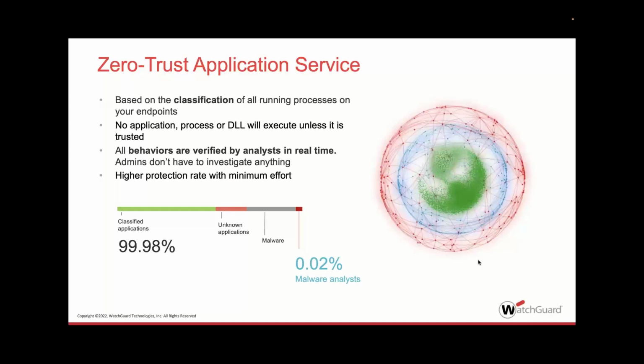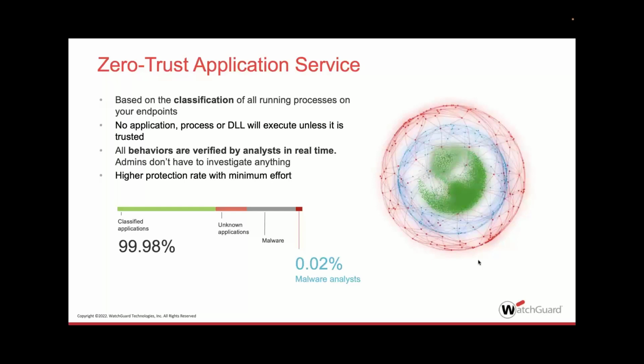We have the ability to suspend the execution of any yet unknown, unclassified items, and only allow that code to execute after we determine, typically in minutes, that that binary that we've never seen, not in that endpoint, not in that client, not in the millions of sensors that we have out there, is good.